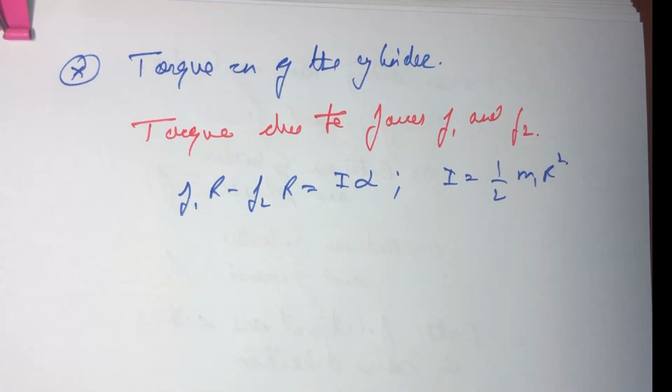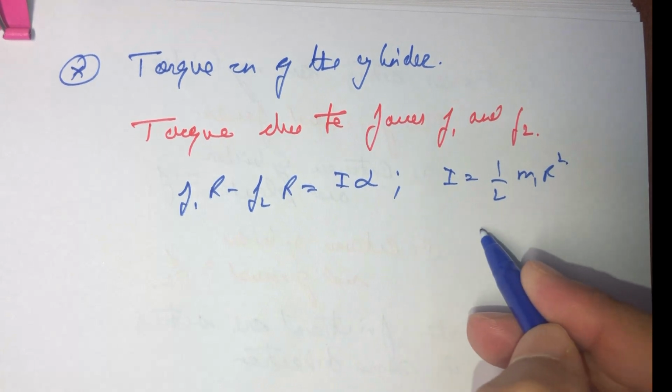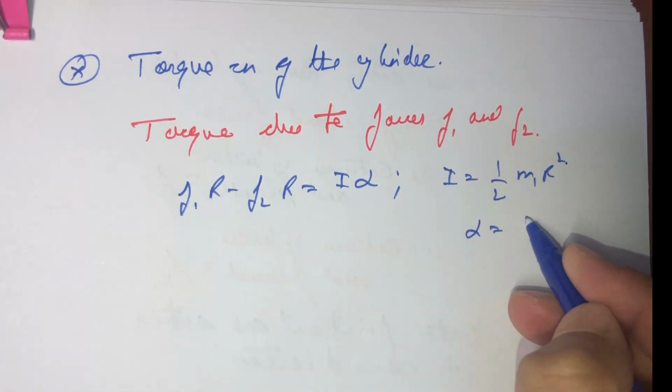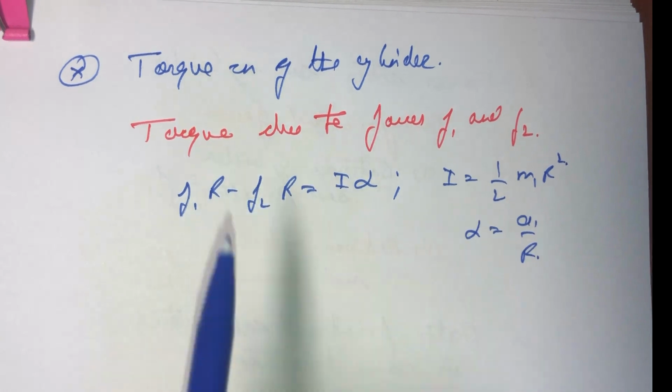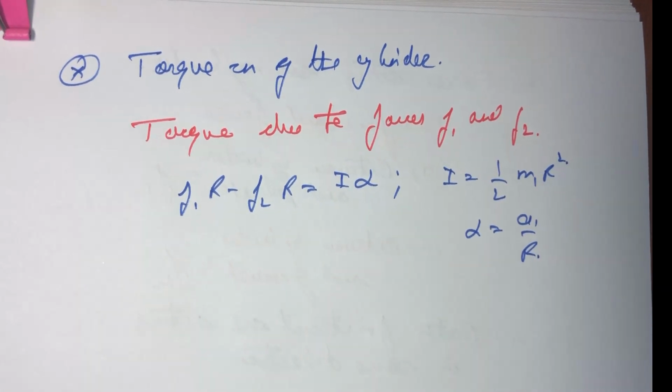And we already know that its angular acceleration alpha is equal to a1 upon r. So we are going to substitute these values.